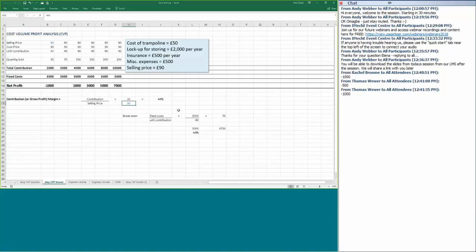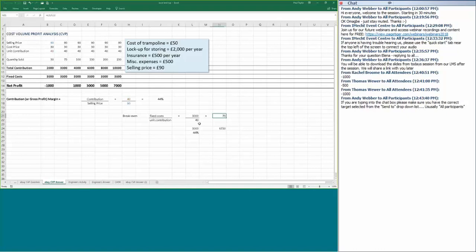So if we know what our sales are, we can multiply our sales by 44% and we will have our contribution. And we could have got to our break even of 75 very quickly just by dividing fixed costs, 3,000, by unit contribution of 40, and that gives us 75, which is the break-even quantity.